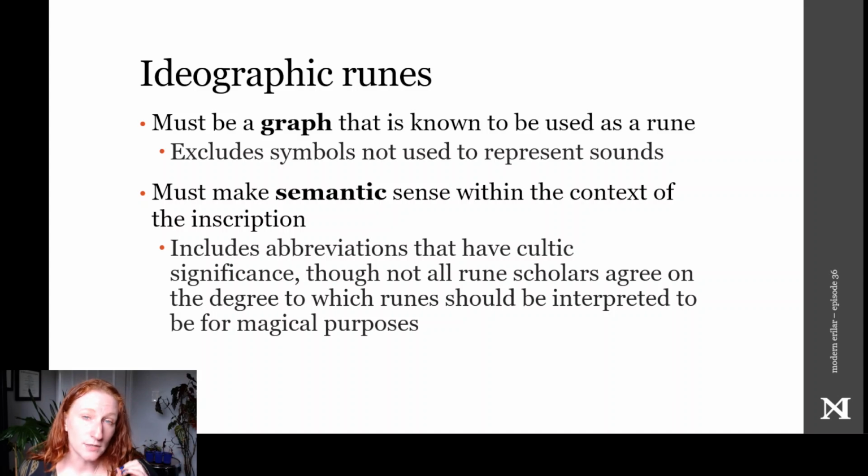This criterion does permit the use of cultic invocations that are more difficult to interpret without their supernatural context, such as the phrase 9 needs, known from several runic curses, where runes are invoked against the demons of disease.